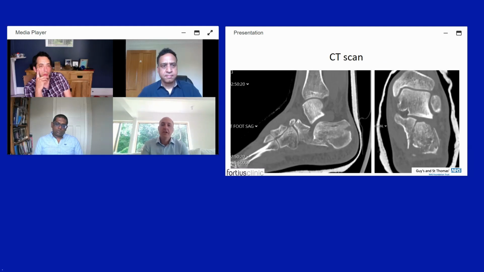And when we look through the CT scan, we can see a relatively large constant fragment, so a relatively large sustentaculum fracture, which is favorable because it allows us to fix the depressed fragment to a reasonably stable fragment. And there was really one large articular fragment. So this is a more simple fracture pattern.